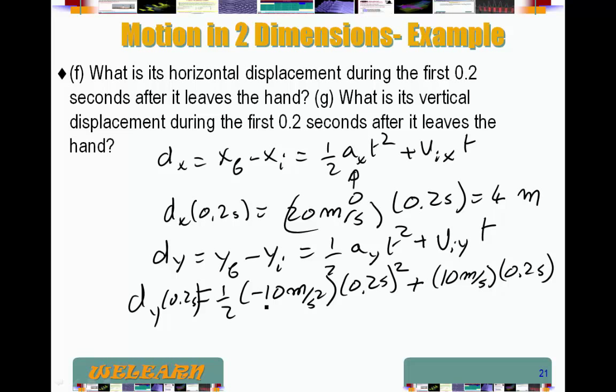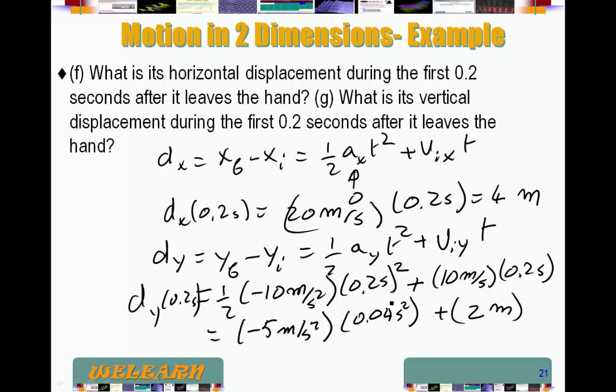Okay, here what we come up with: half of 10, that's minus 5 meters per second squared, times 0.04 seconds squared, plus 2 meters.